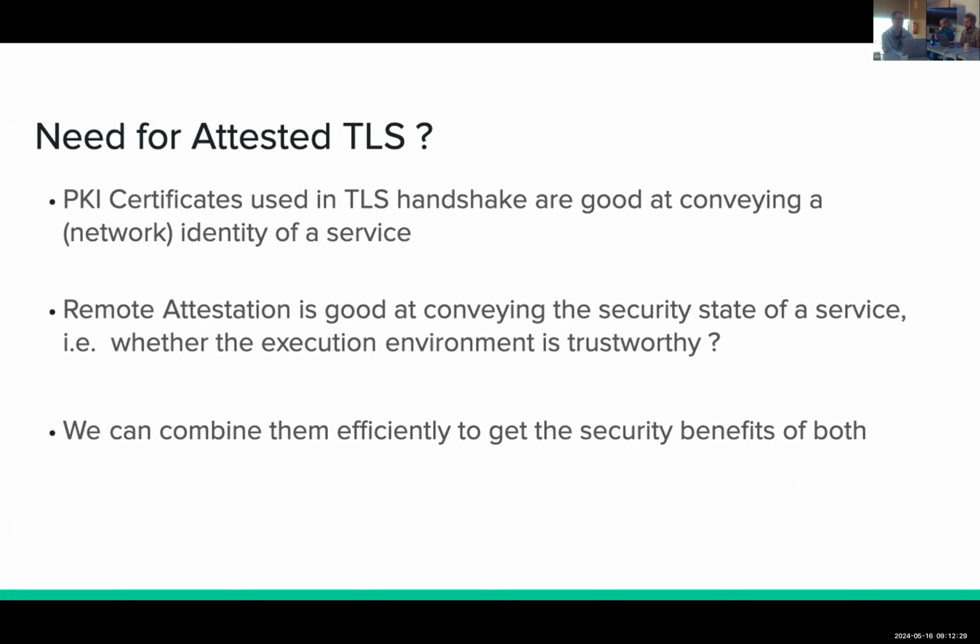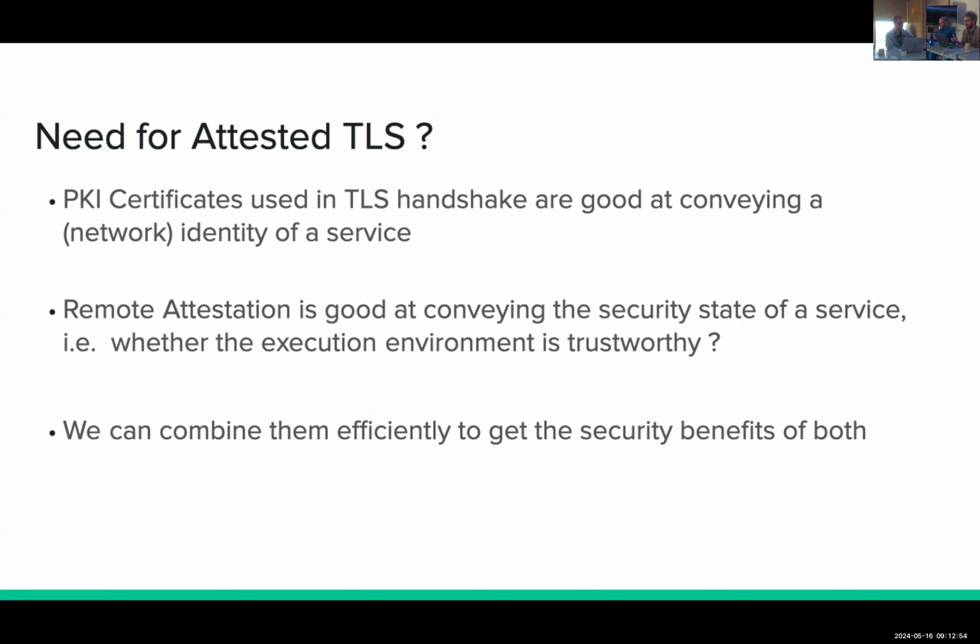So why do we need that? Because PKI is good for conveying the network identity of a service. PKI is great because it binds a key pair to some sort of domain name, right?